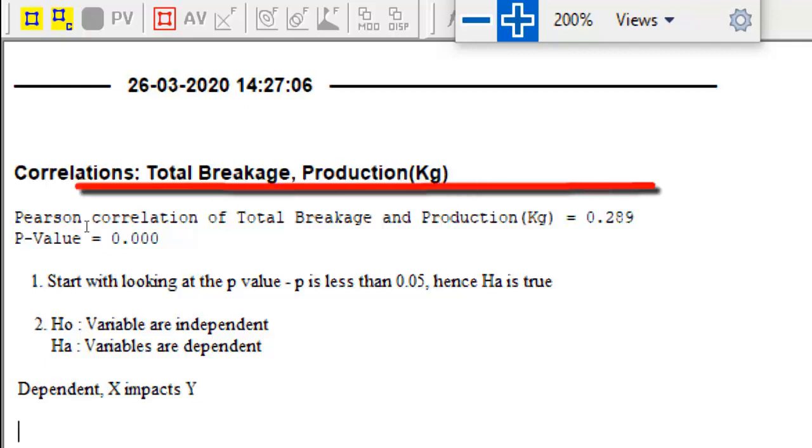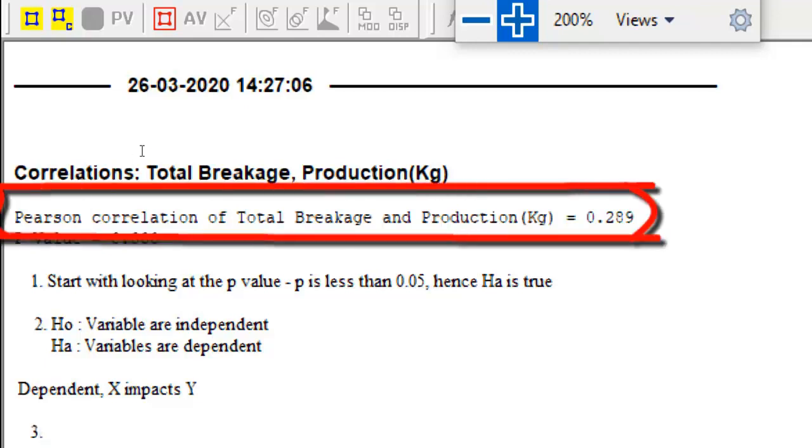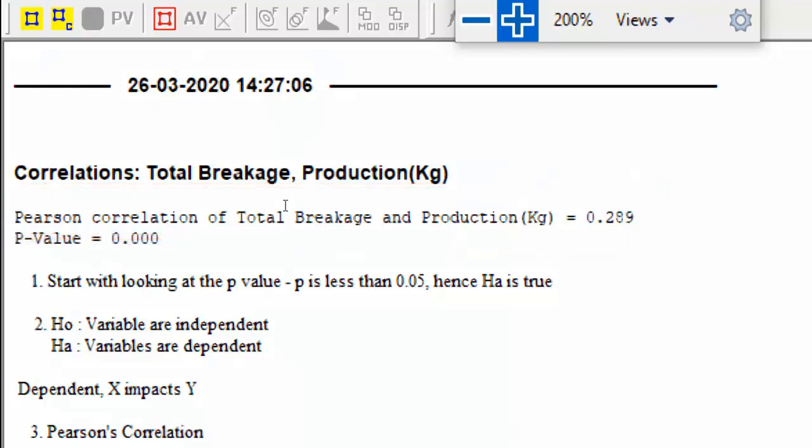The third thing that you should look at is the Pearson's correlation value that is being published. Pearson's correlation, or R as it is commonly referred to, this value varies from +1 to -1 through 0.